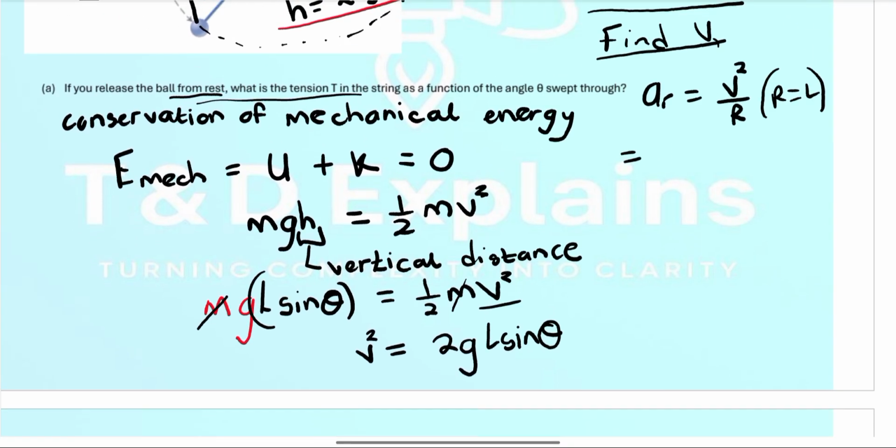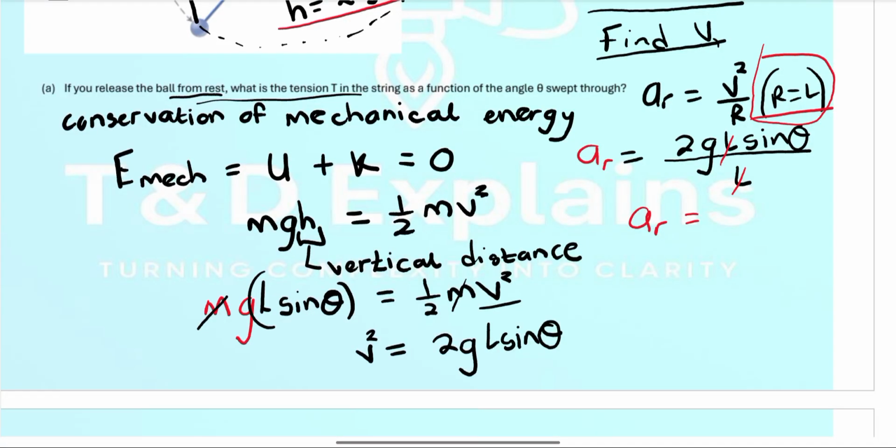So v squared is 2g L sine theta divided by L, since r equals L. The L will cancel, and we remain with acceleration equal to 2g sine of theta.